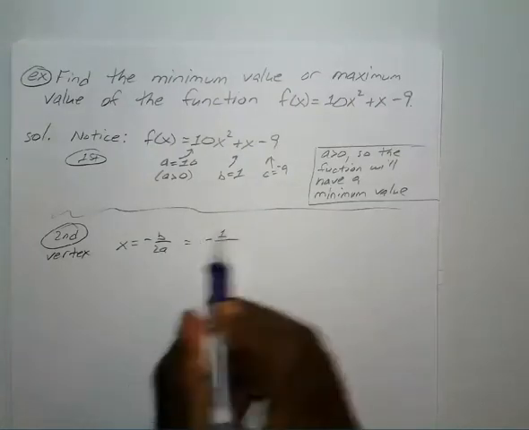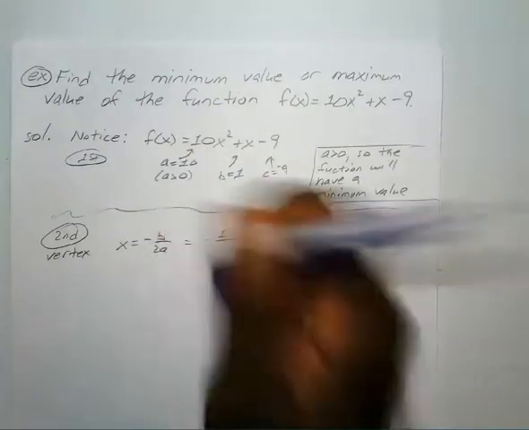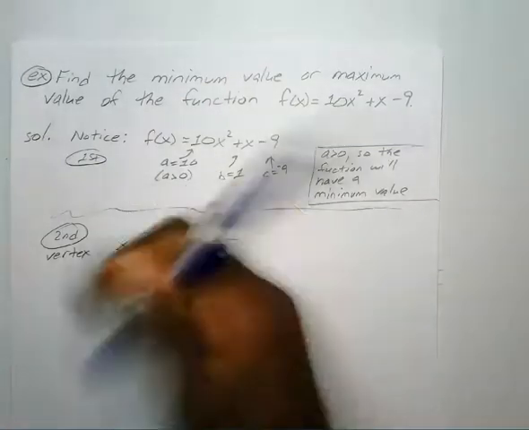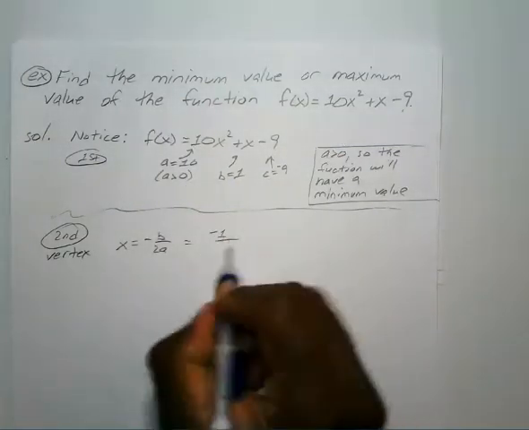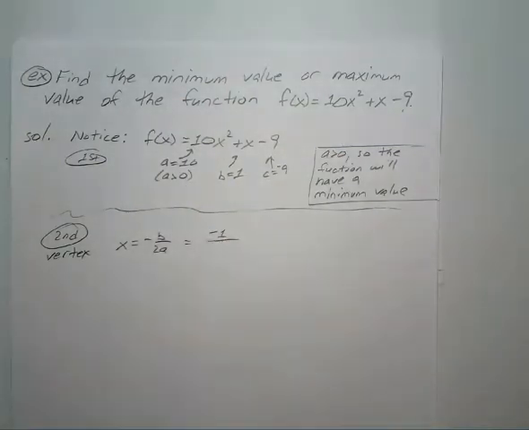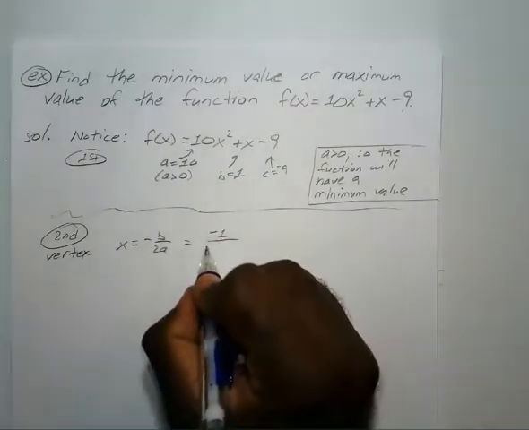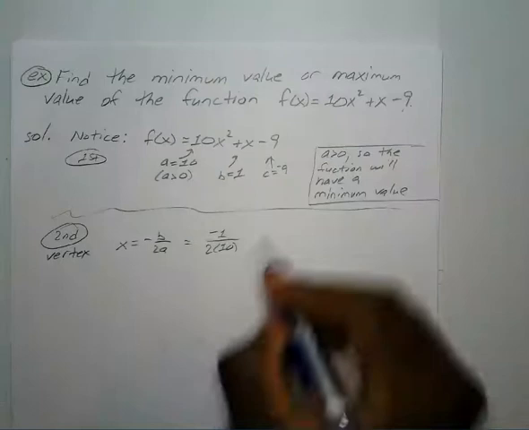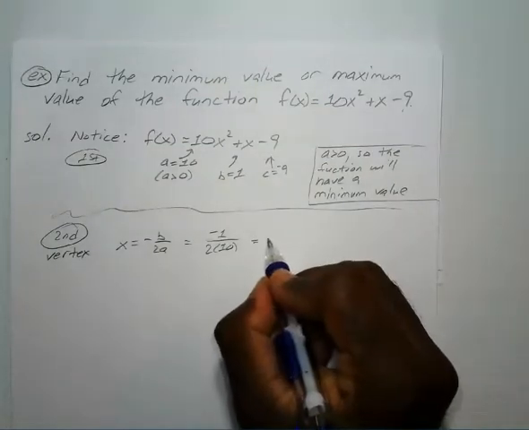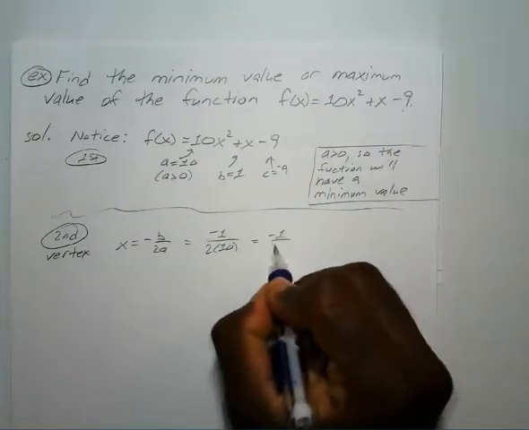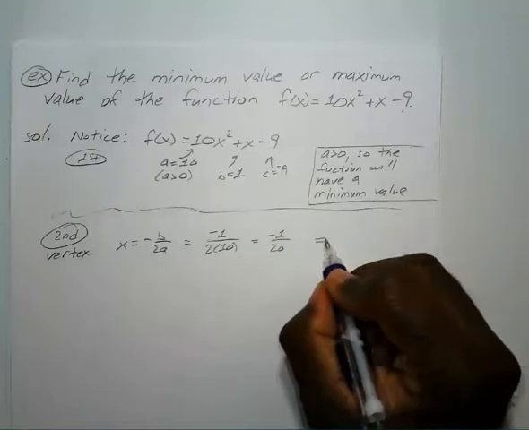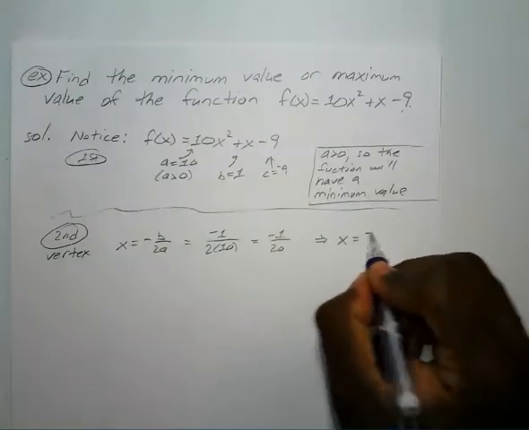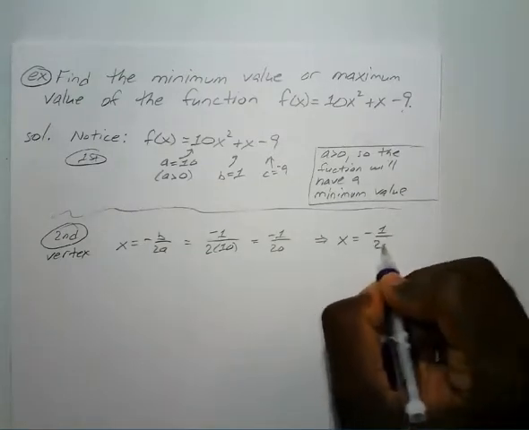You can put the negative up top if you like. It doesn't matter if it's in the front or up top. Both of them will give you the same answer. So you have negative 1 over 2 times a, which is 10. So that gives us negative 1 over 20. So we know that x is negative 1 over 20.